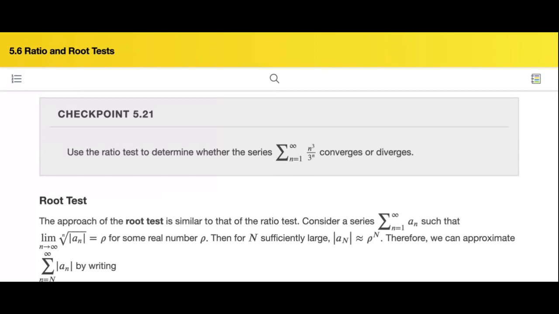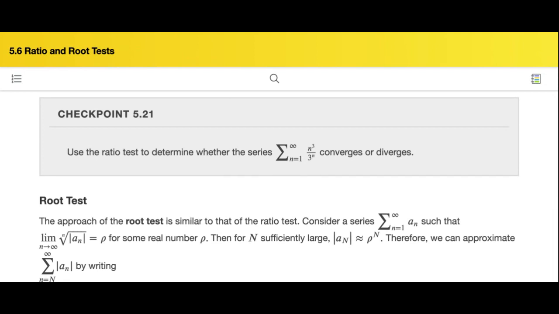So I can simplify. 3 raised to n plus 1 simplifies with 3 raised to n. So I get 3 in the denominator. And then I get n plus 1 over n, let me use another bracket, raised to 3, right?